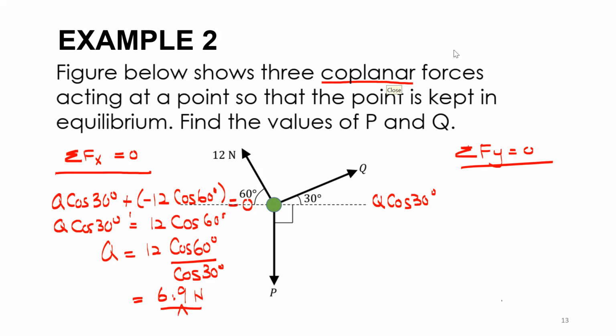So you solve by scale drawing, is it? By scale drawing will be a bit difficult. Maybe the drawing causes some error. So if you use your calculation method like this, you'll get a more accurate value.